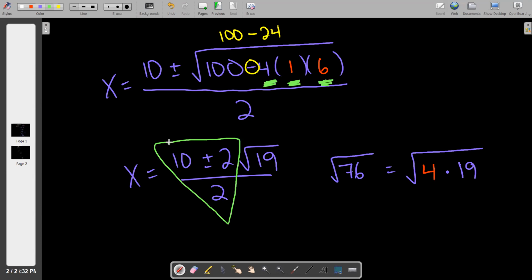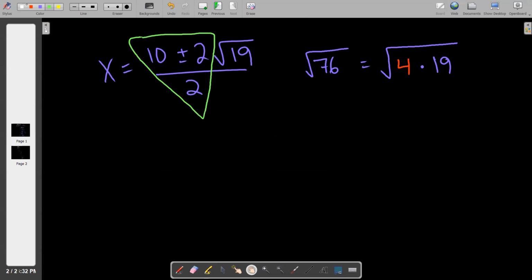And so what can 10 and 2 and 2 all be divided by? Go ahead. And then it would just be positive or negative, plus or minus. Almost. You misspoke a little bit, but yes. Here's what the answer will actually look like when you're done.